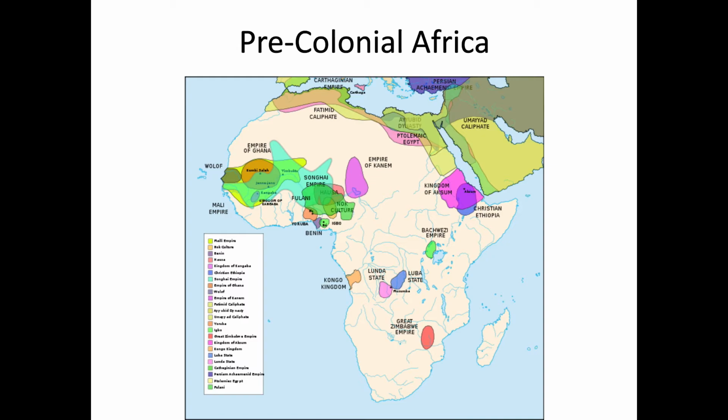I'm not going to say too much about colonialism because there's a whole separate video on that, but just one thing is, and of course this is not a complete map, it's just an idea. Pre-colonialism, tribes would have had different bits of Africa.